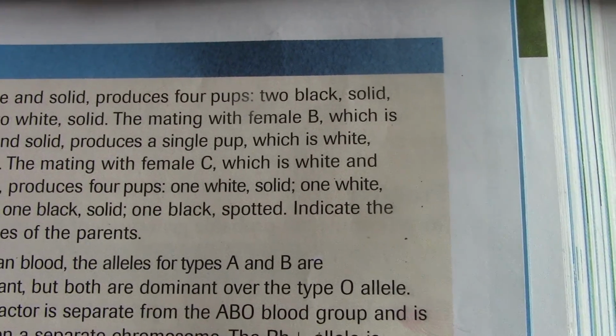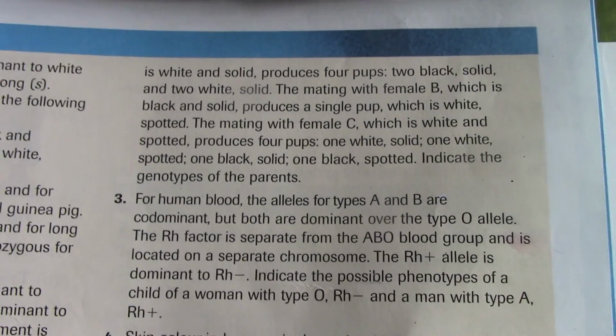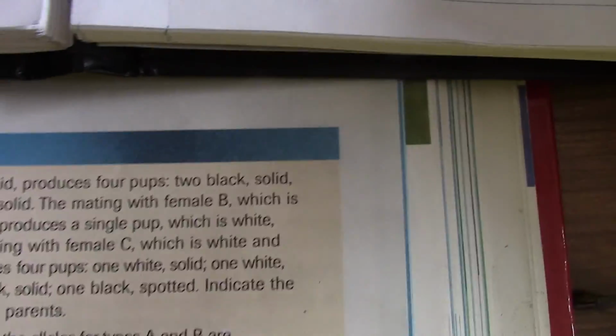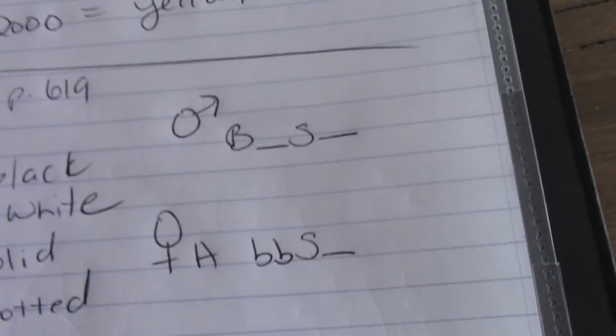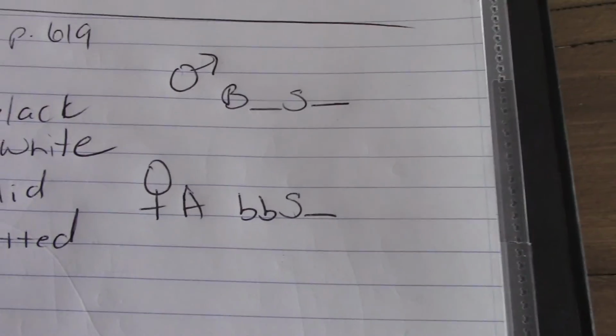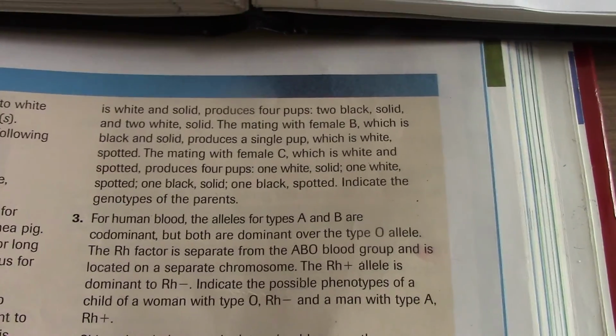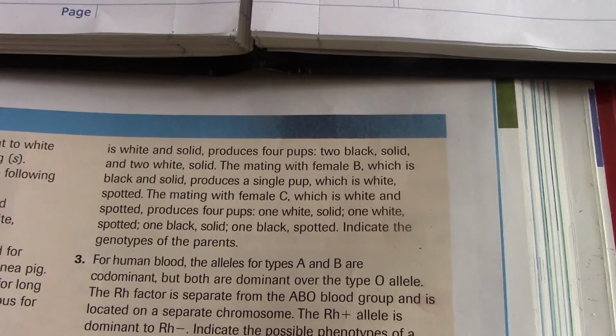So he has female A, female B, and female C. So the mating with female A, so if I look at female A, she's white. So she has to be little b, and she is a solid pattern, so she has at least one S allele. So it's asking you to indicate the genotypes of the parents. So from the offspring, we have to figure out what the male's genotype is, and what female A, B, and C are.